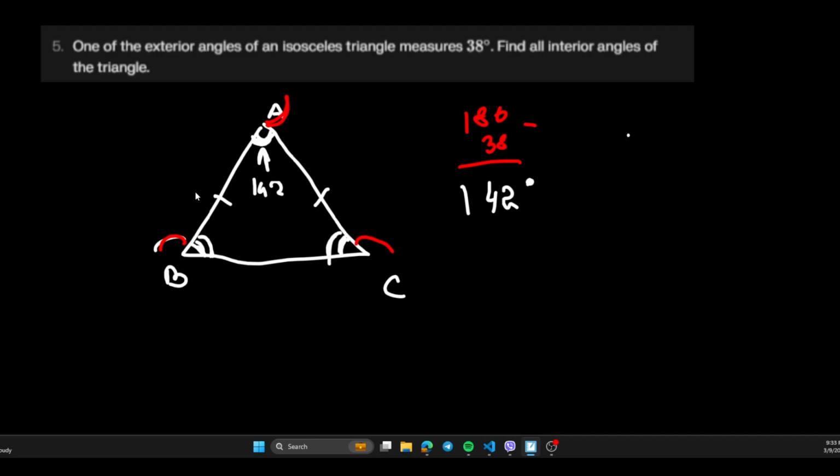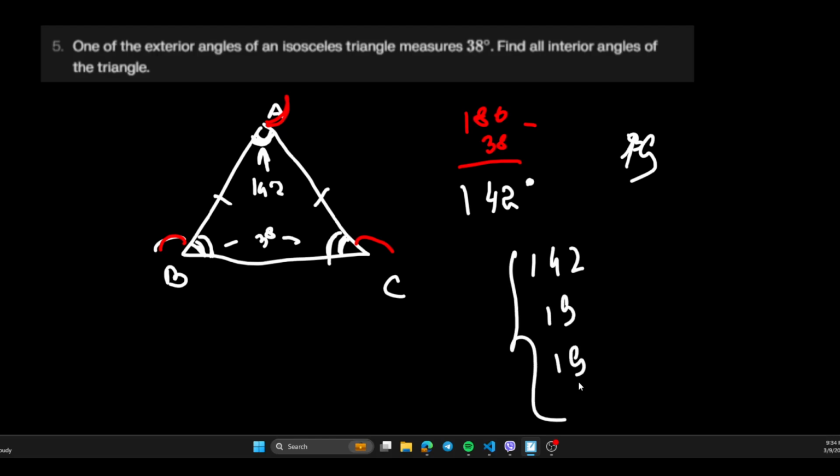Don't forget that the sum of all the angles in a triangle is 180. So these two angles add up to 38, and half of 38 is 19. So you have one angle of 142, and two angles of 19, and that all adds up to 180.